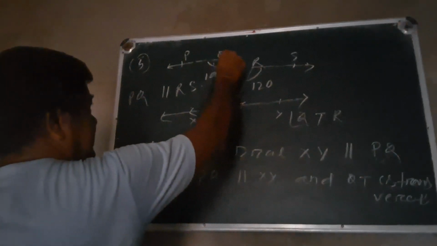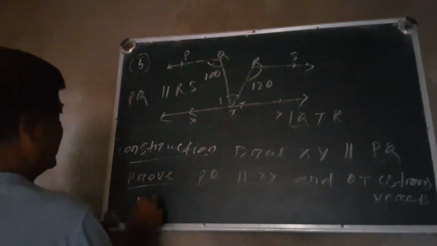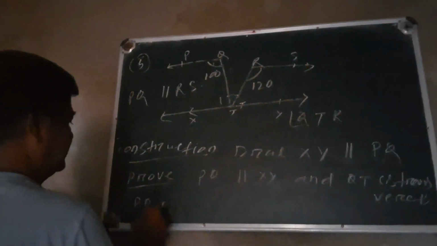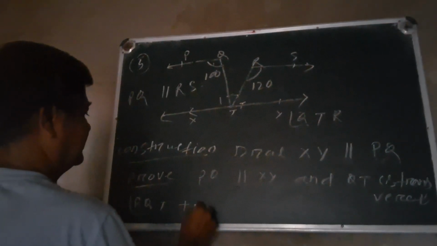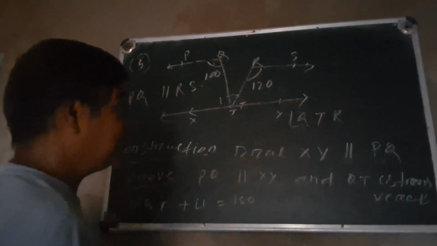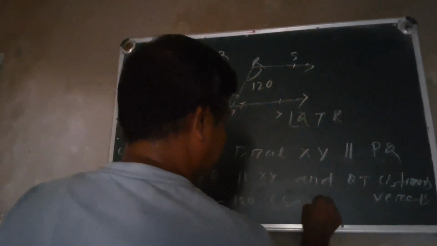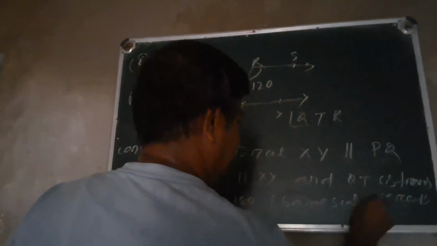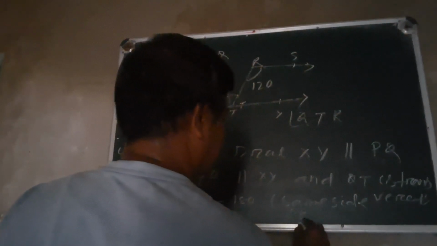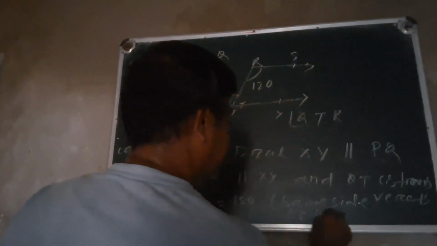That means this angle PQT plus angle 1 equals 180. Right? Same side interior angles of the transversal.